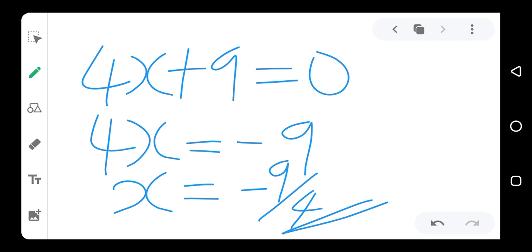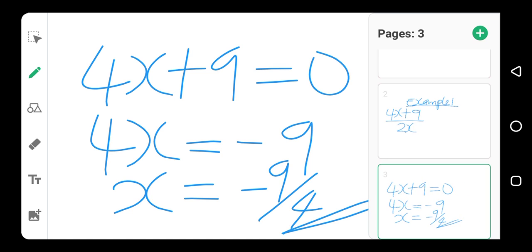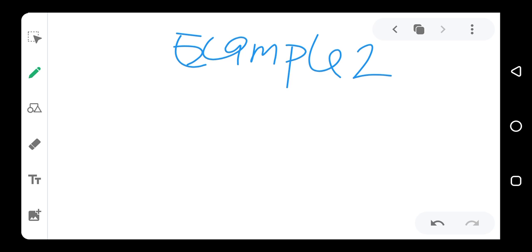Now let's solve another example. Example 2.